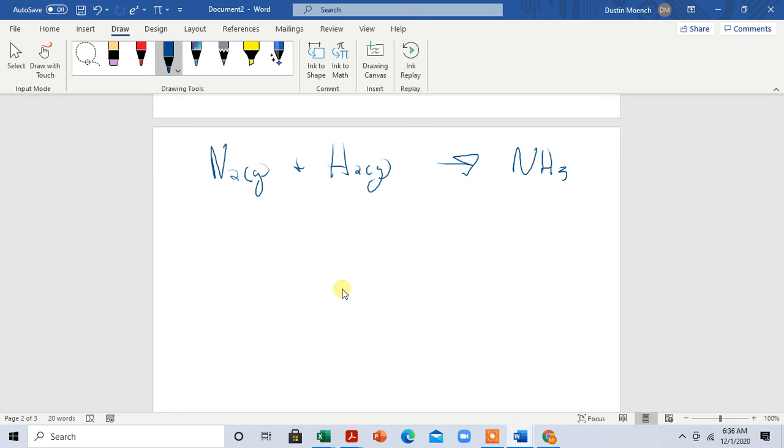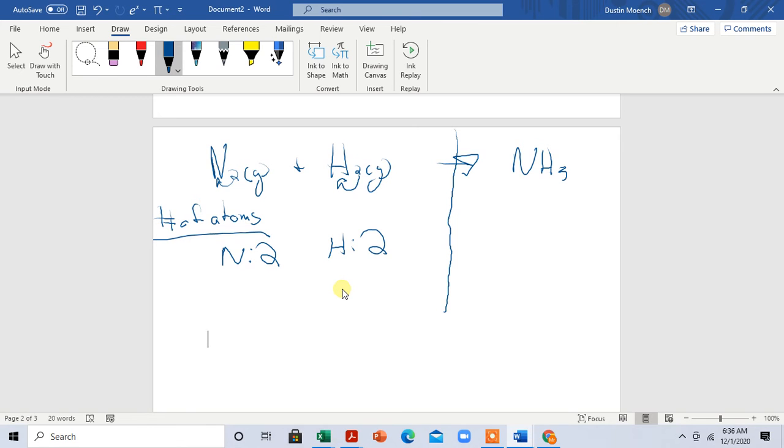What I want you to notice is, if we look at both sides of the reaction, the reactants and the products, let's count up the number of atoms of each element. On the reactant side, we have 2 nitrogens and 2 hydrogens.